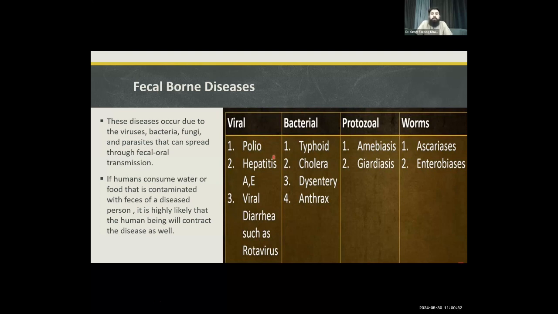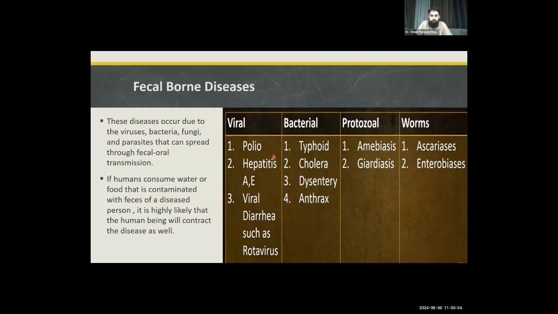So basically, if we are consuming any food or water which has been contaminated with feces of a diseased person, we are highly likely to contract that disease the person is suffering from. The point is that the organism has to be released into the feces of the diseased persons.